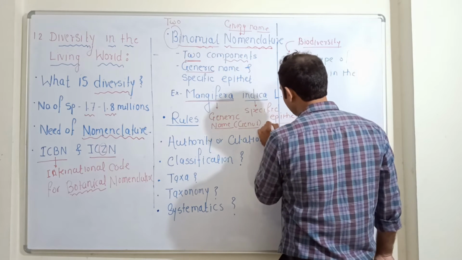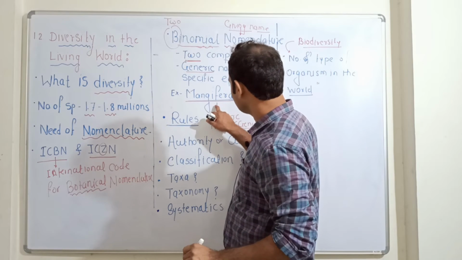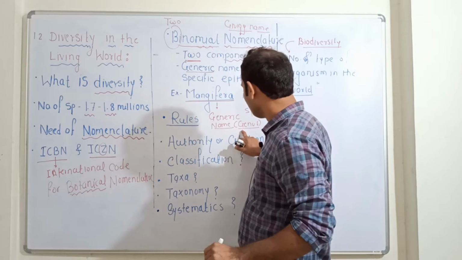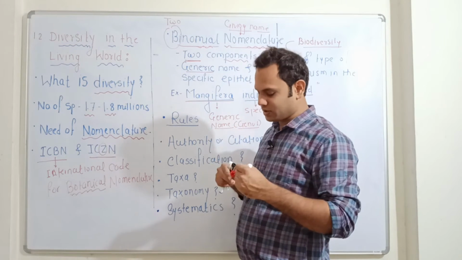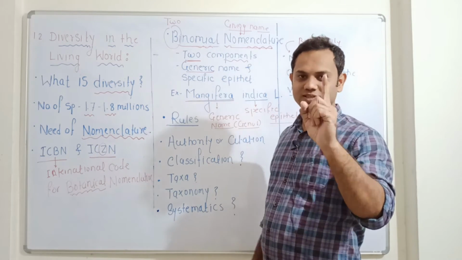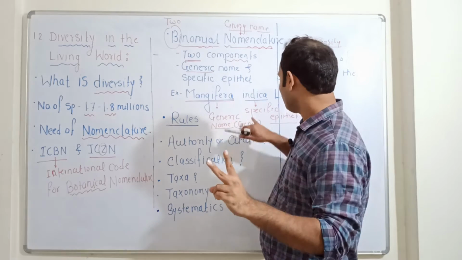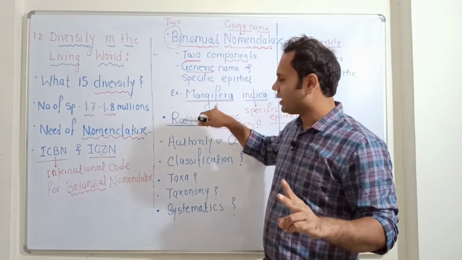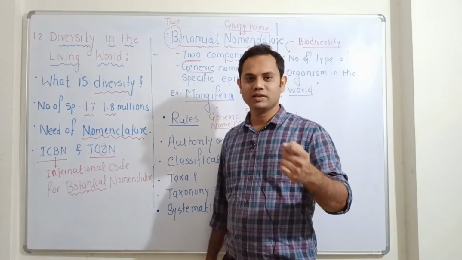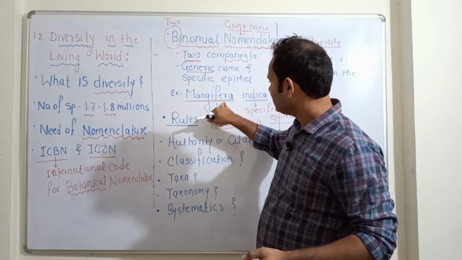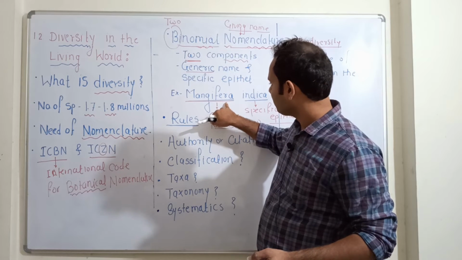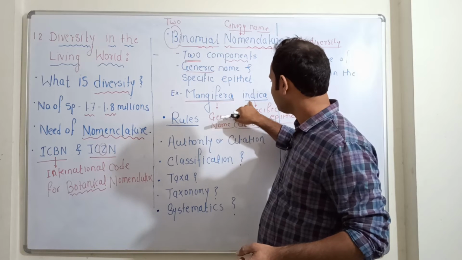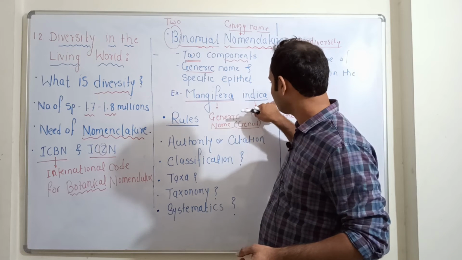It is actually an adjective. So this is a noun and this is an adjective. Obviously it consists of two names, genus and species. In Mangifera indica, Mangifera is your generic name and indica is your specific epithet. And what is this L? I will tell you.